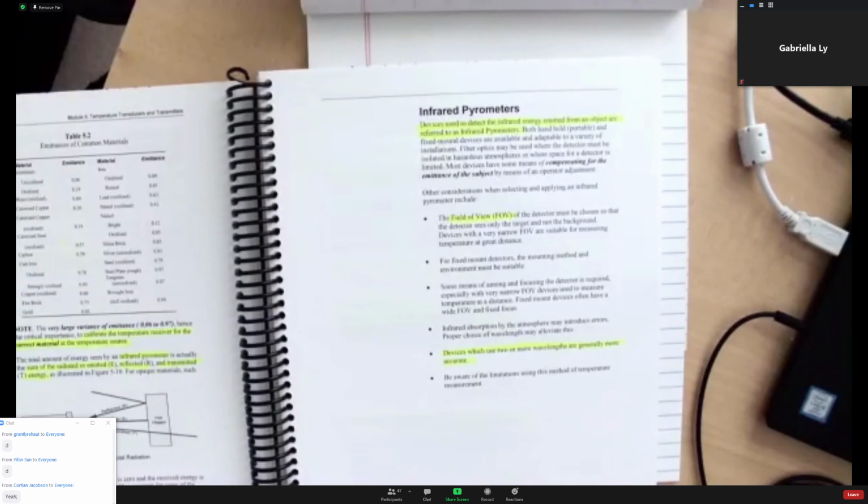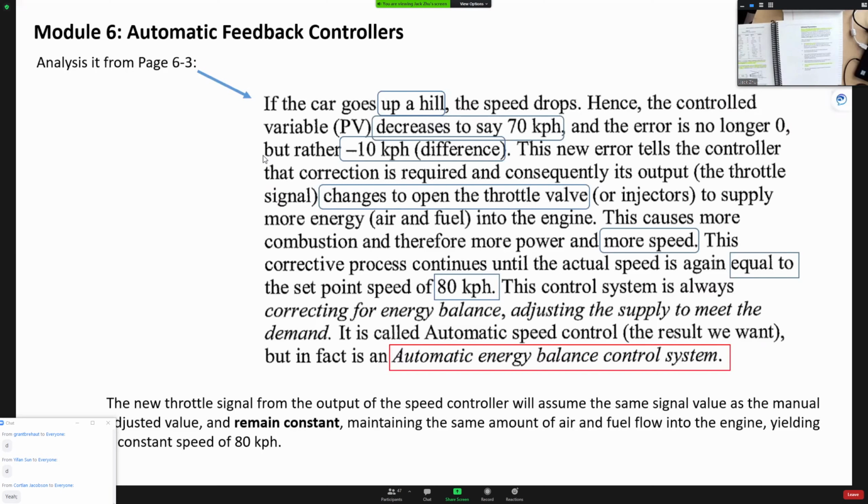We only need to know some basic things. Module 6 is talking about feedback controllers, control strategy, and applied controllers.